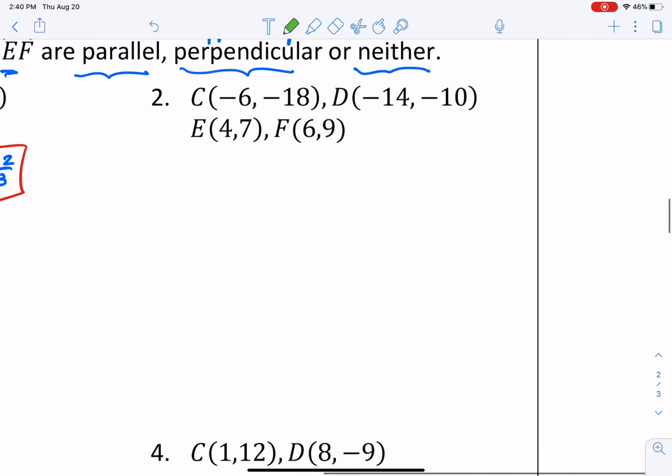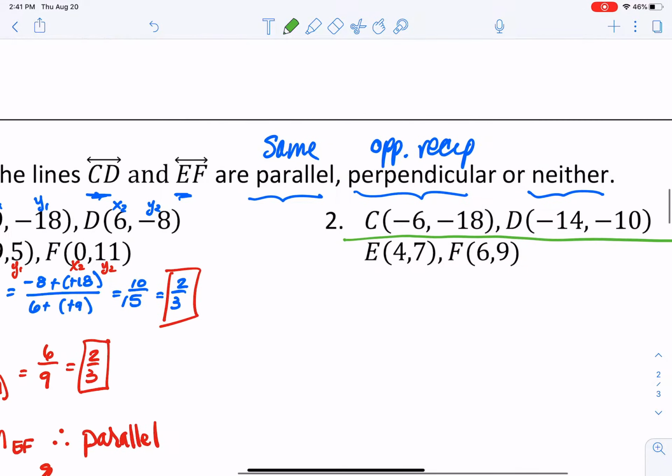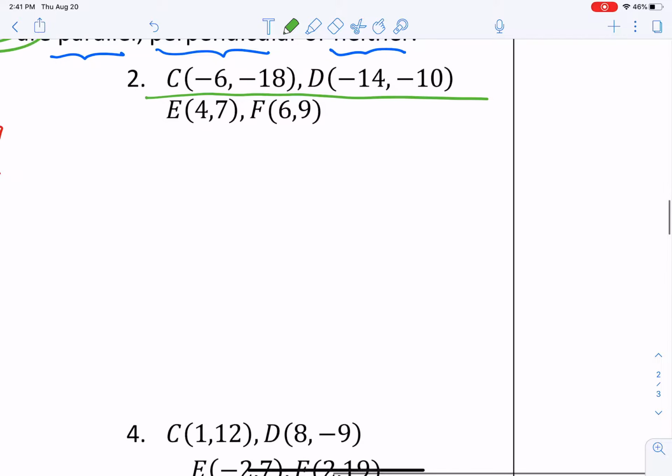So now let's look at number 2. Again, I have the line CD and the line EF. And we know which points go where because of this statement right here. So first we start with the slope of CD. And we label x1, y1, x2, y2.